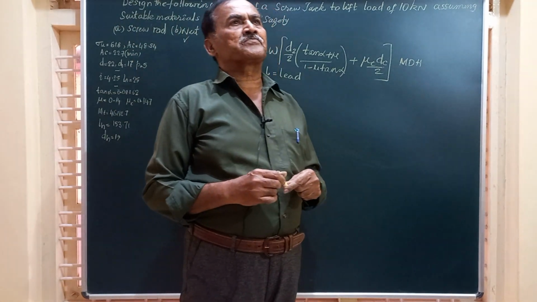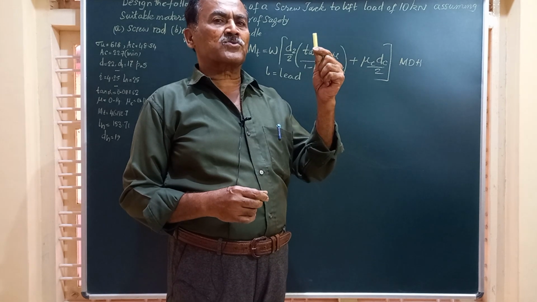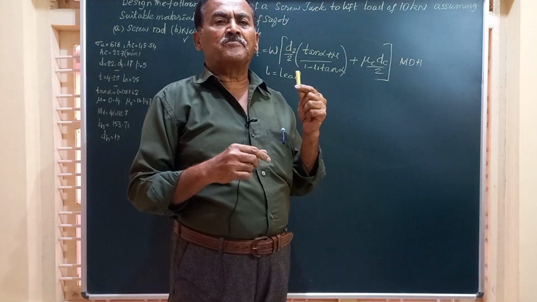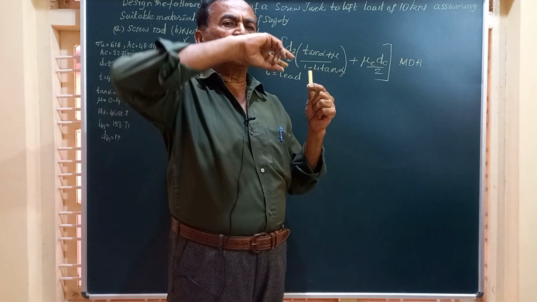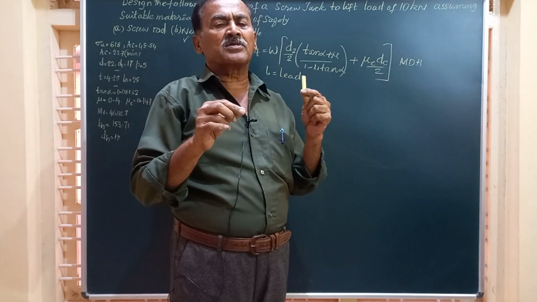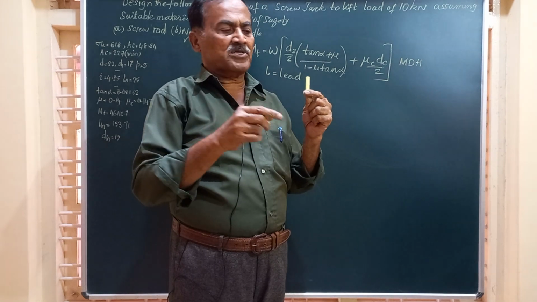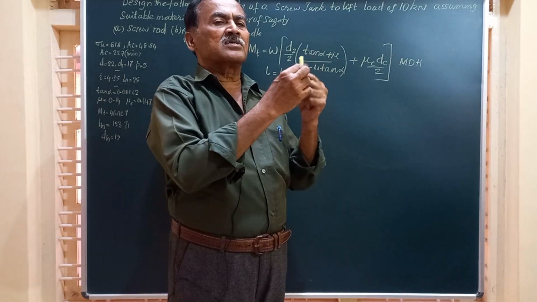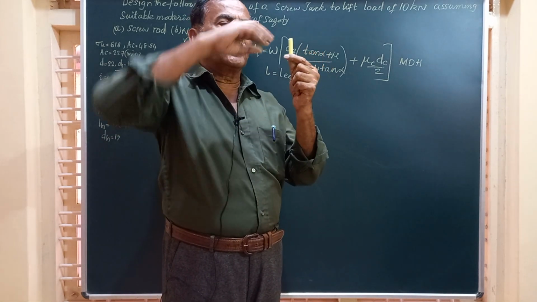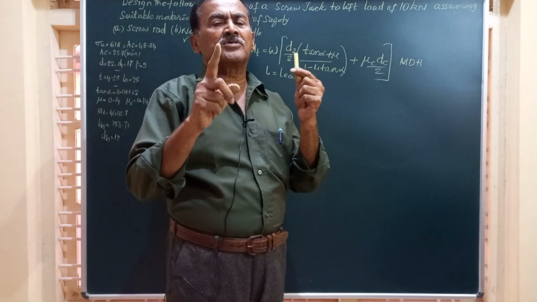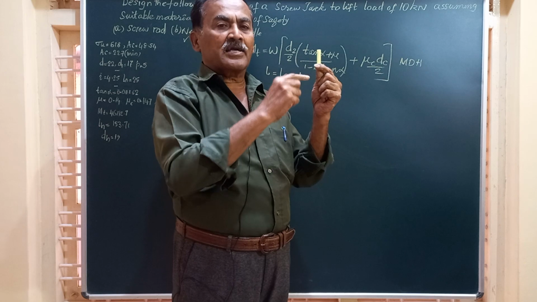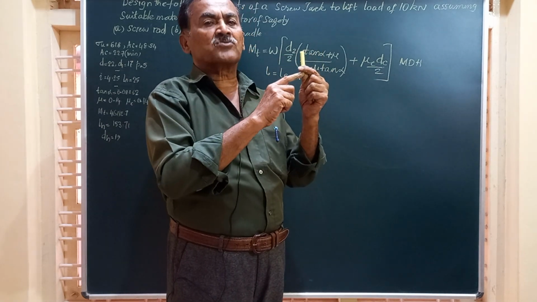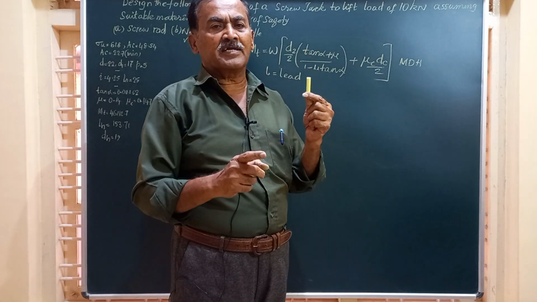Friends, if you have a screw rod and a nut, holding one of them stationary, if you give one complete rotation to the other member, suppose holding the screw rod stationary you give one complete rotation to the nut, the distance through which the nut advances on the screw rod is called the lead.